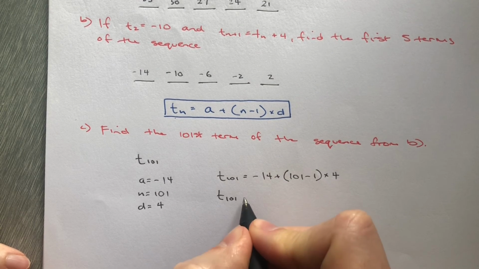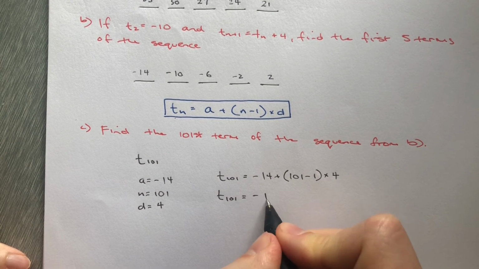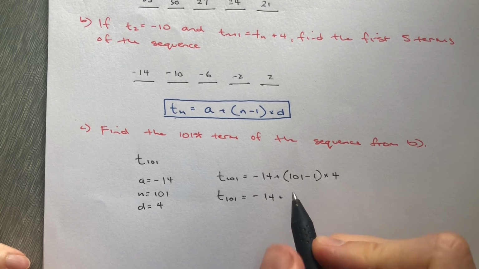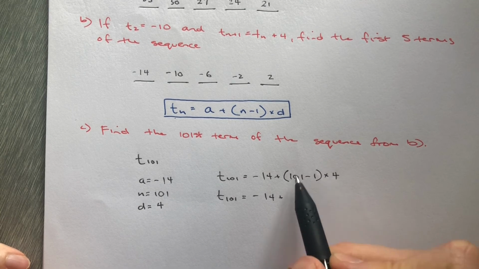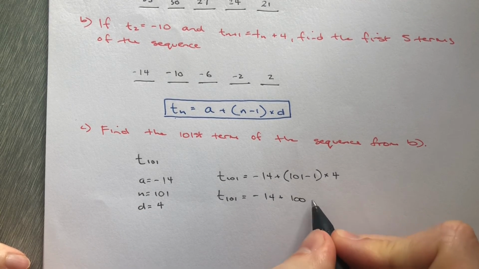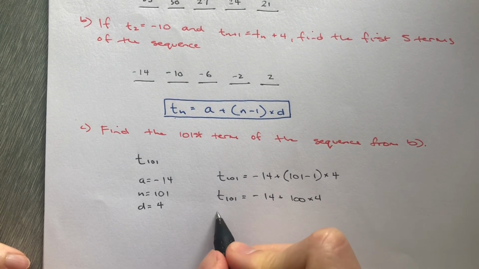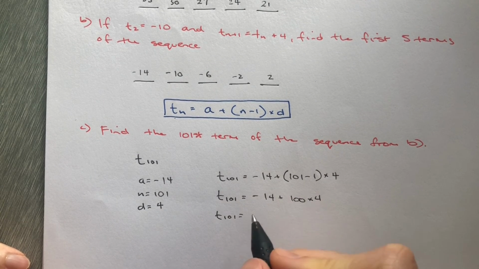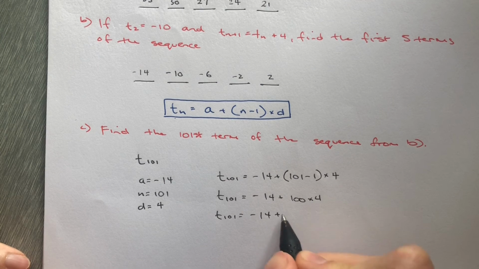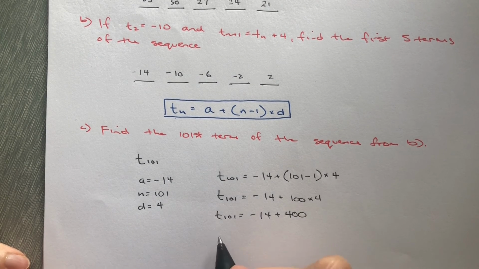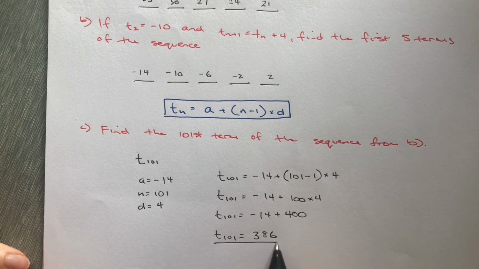The 101st term is equal to minus 14 plus, that's going to be 100, isn't it? So 100 times 4. 100 times 4 is 400. So our 101st term is going to be 386. And that's our answer.